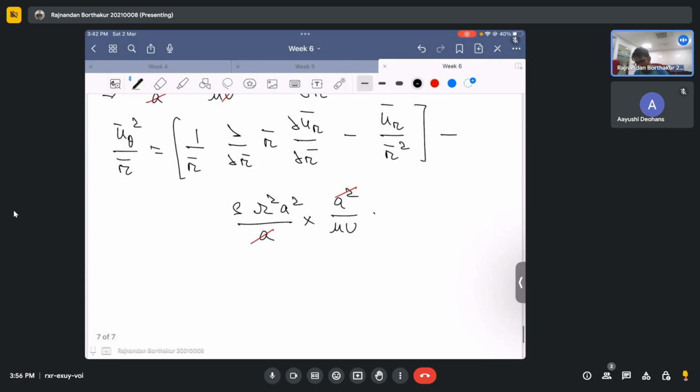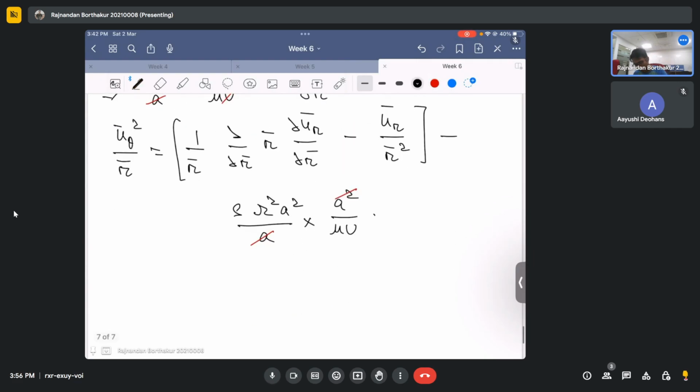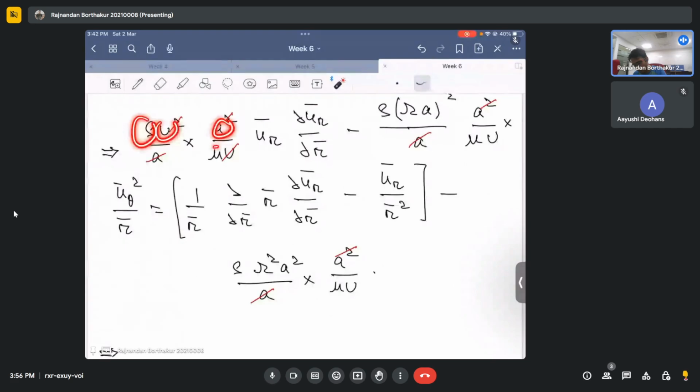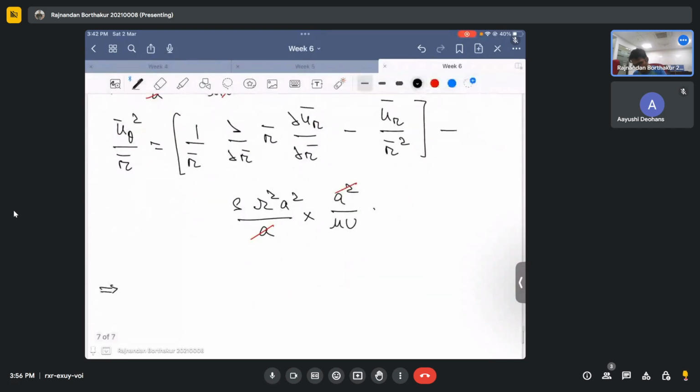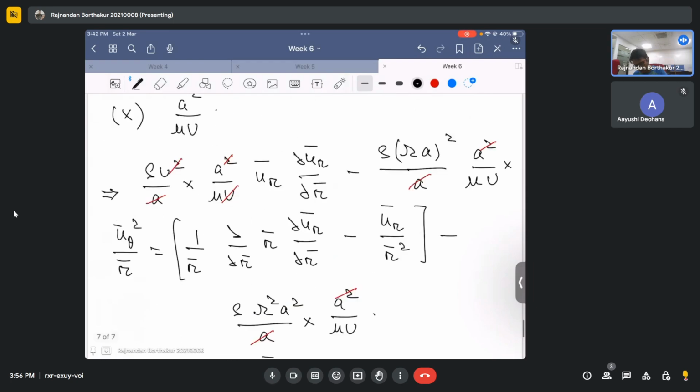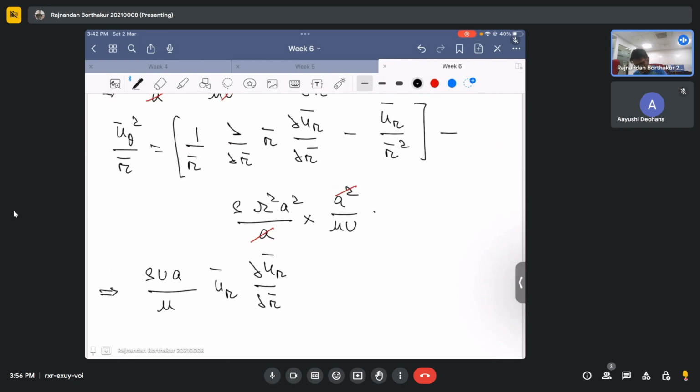Let's see what we get. If I write down the first term, we have rho u times a by mu. So this becomes rho u a by mu times u r bar del u r bar by del r bar, minus.